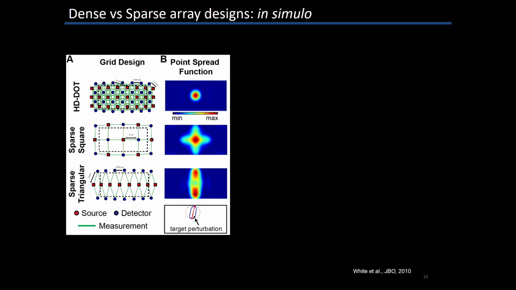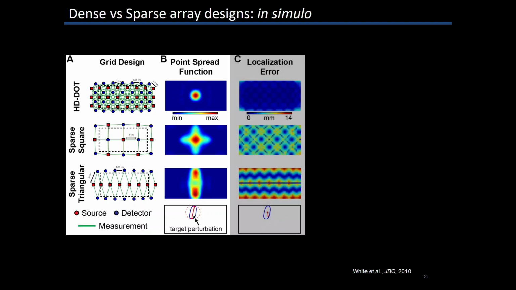You just want to look at what that perturbation looks like after you reconstruct it. This is done in microscopy system design all the time. And so the point is that what you want is a very even, well-defined point spread function. So you see the high-density grid gives you a nice circular point spread function, whereas the square and the triangular grid, there are these weird image artifacts that have characteristic geometries.